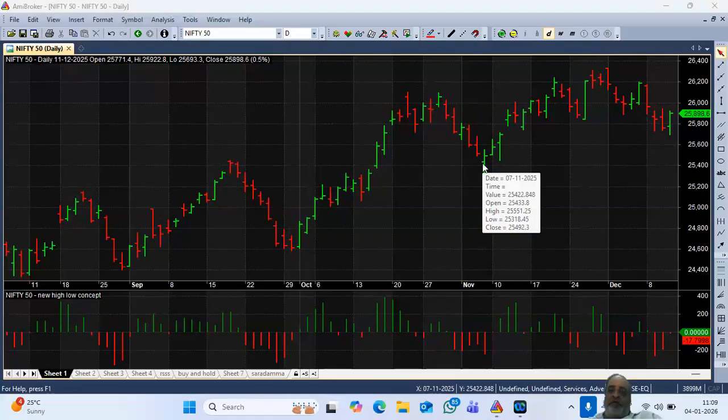I mean, sorry, this opened below the previous day low and went further down, and the price of the stock was pushed up by the traders, and it smartly went up and closed almost near the previous day close. The range is somewhat higher than the previous day bar, which is a reversal bar, and the level must be noted down here.